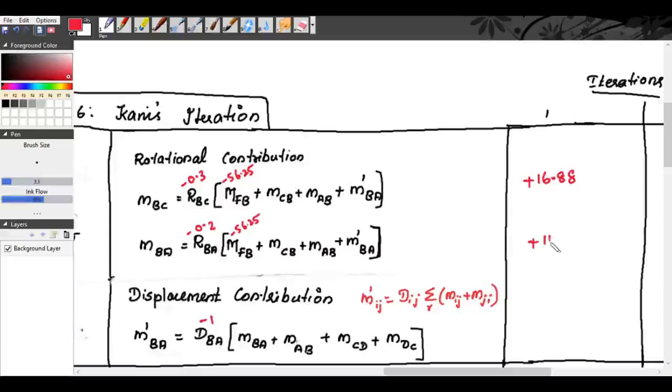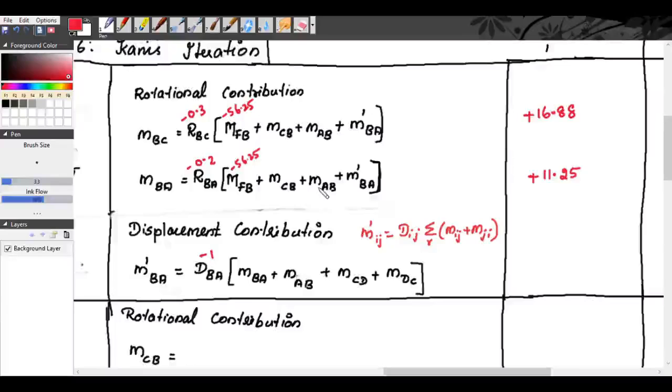We get plus 11.25. After finding the rotational contributions, we have to come to displacement contributions. So now the rotational contribution for joint B is over. Now we will go on to the rotational contribution for joint C.